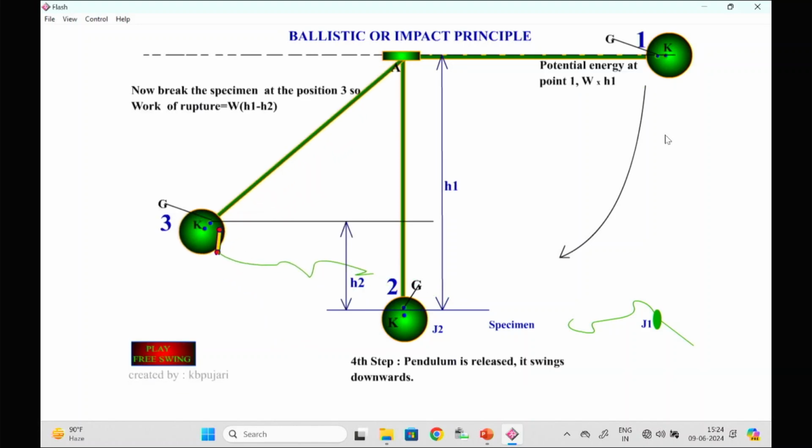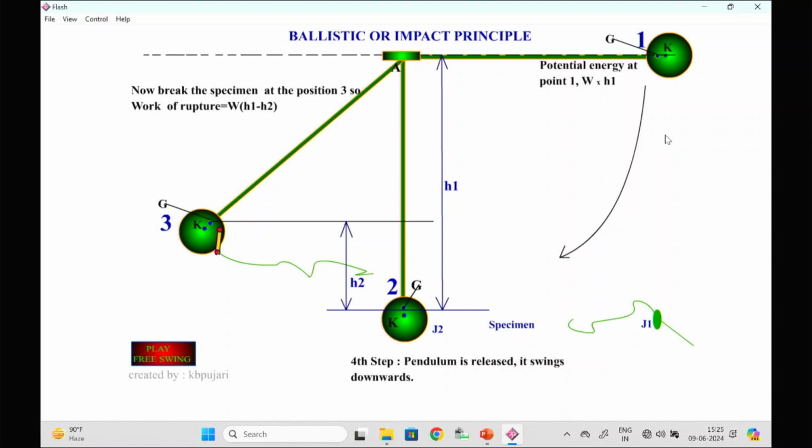Some energy is required to break the thread or textile material, and this energy is used to reduce the swinging of the pendulum.